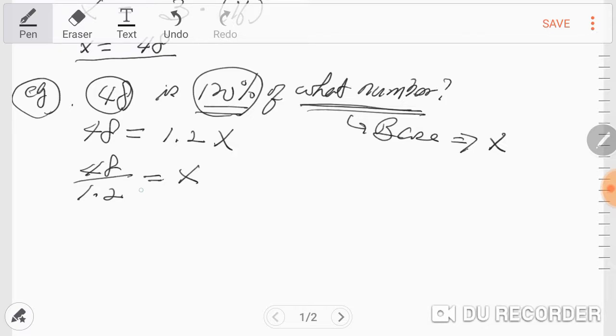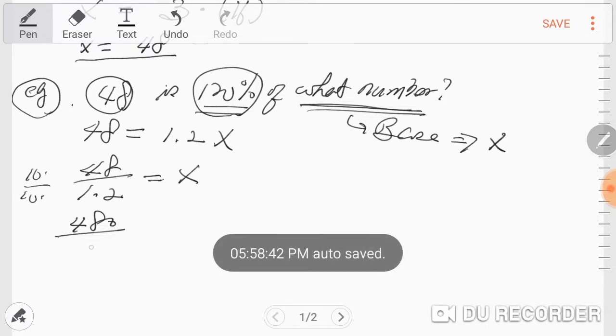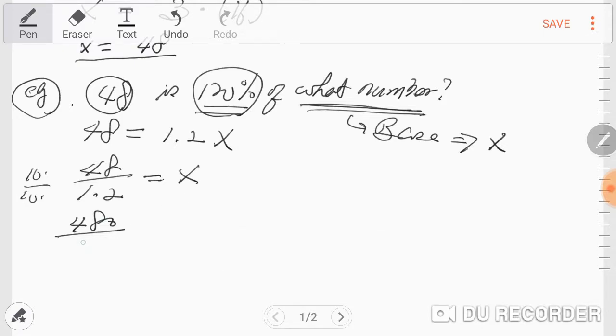Use the calculator, or you can multiply each numerator and denominator by 10. Then there will be 480 over 12.